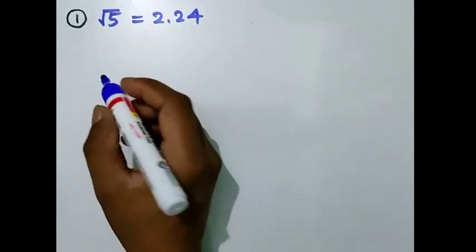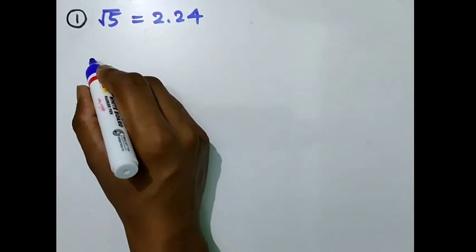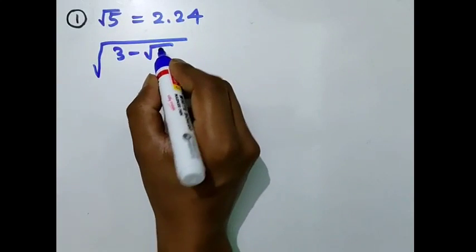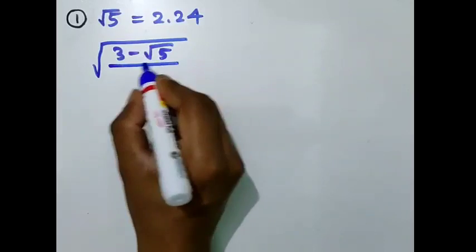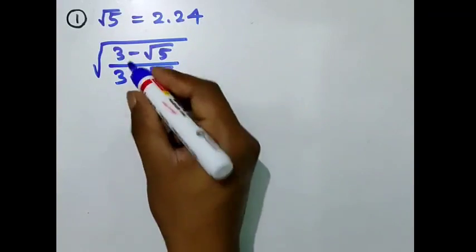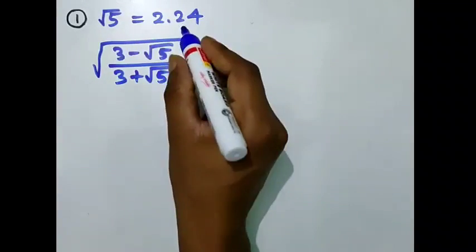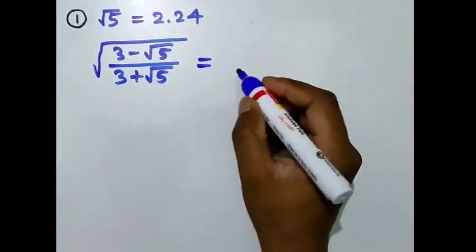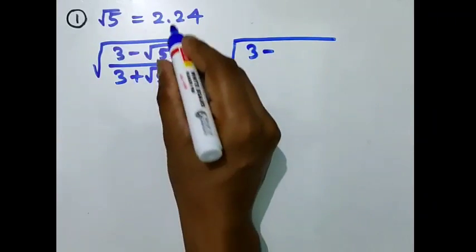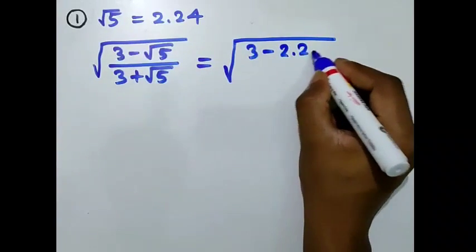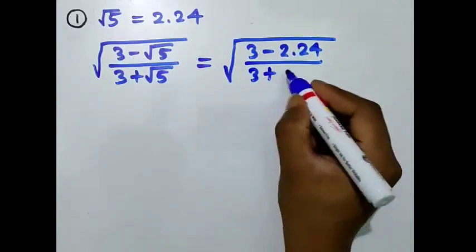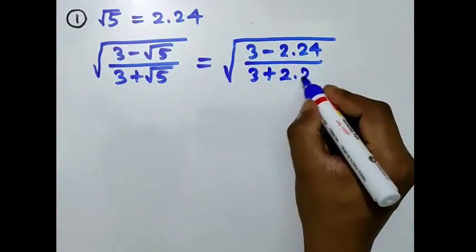Now the second part of the question asked us to find the square root of (3 minus square root of 5) by (3 plus square root of 5). Now we can substitute the value of root 5 that we have got. So you have to find the square root of 3 minus 2.24 by 3 plus 2.24.